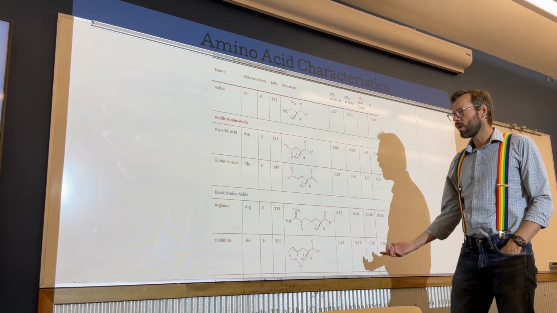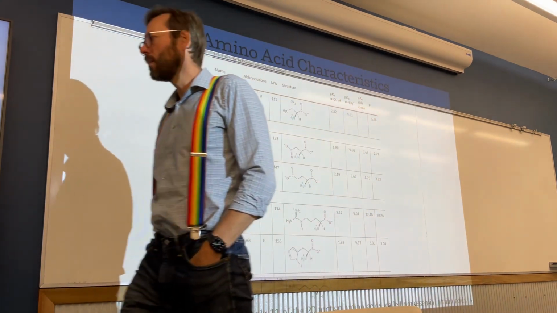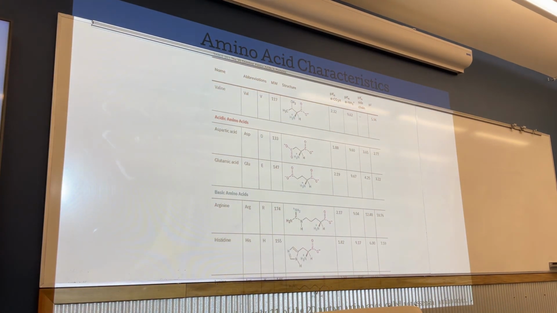And then the basic ones, well, what do we see on the basic ones? Nitrogen. An additional amine group, right? And so that is going to be proton accepting, right? And so it's going to create a situation that is more basic.